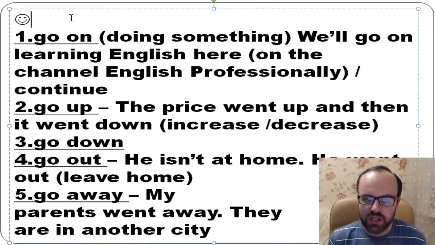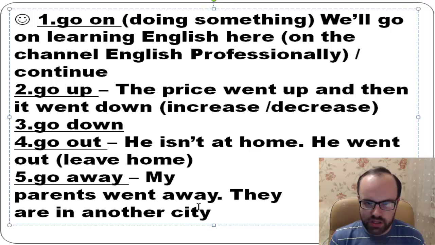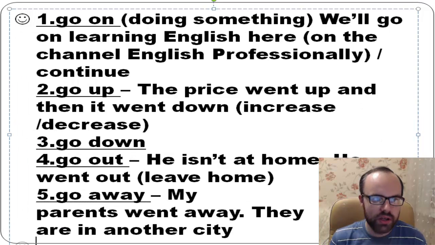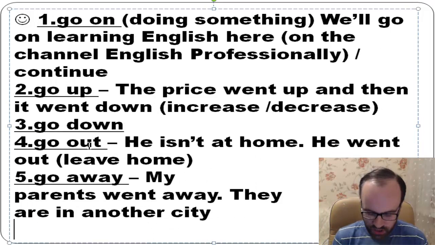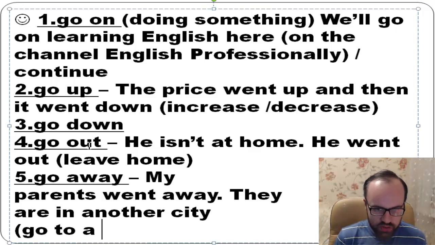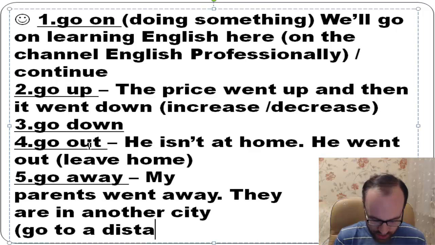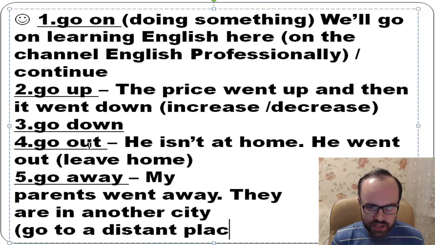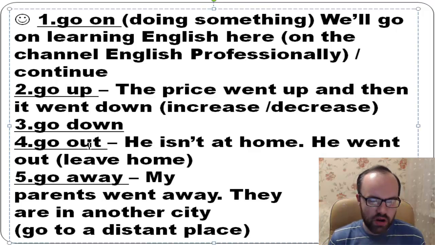But it's usually to a distant place, for example another city, town, or country. For example, my parents went away. They are in Italy.